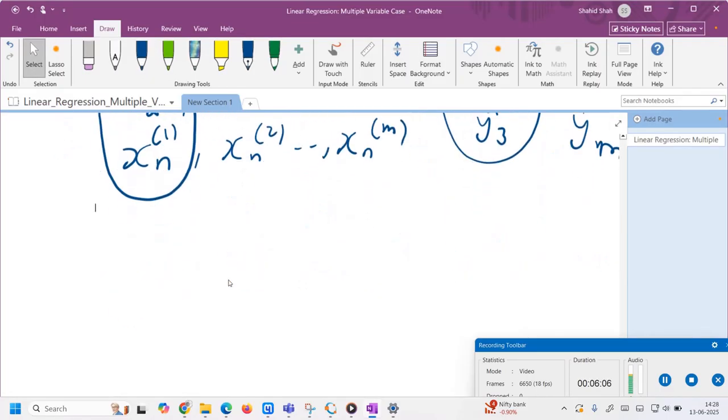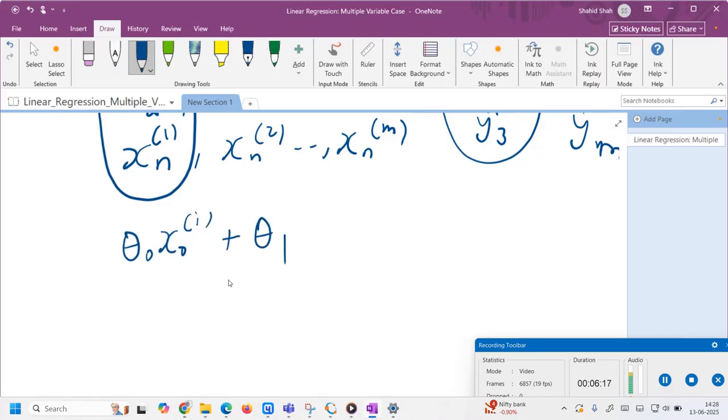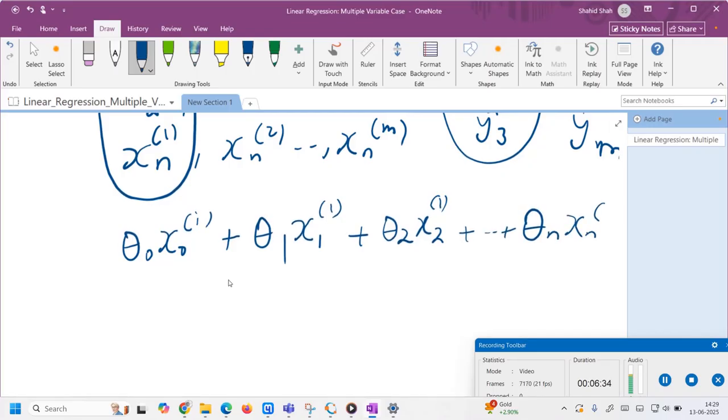Theta 0 x0 will be the same for all the training samples, plus theta 1 is the weightage corresponding to the feature x1, which is here the grade in programming, and the first component is 1, plus theta 2 x2 of the first training sample, plus theta n xn of the first training sample is equal to y1 hat.